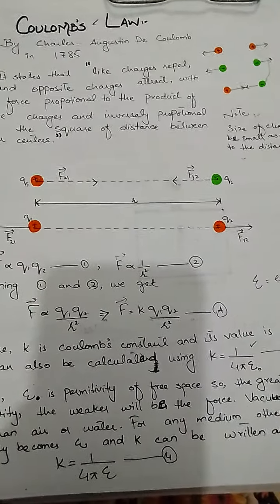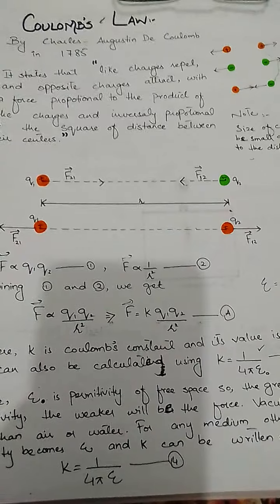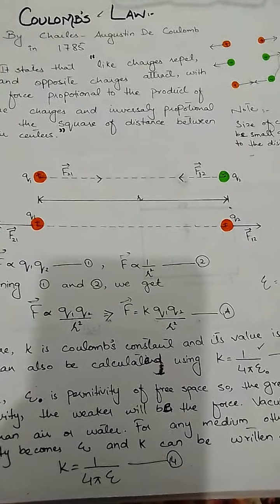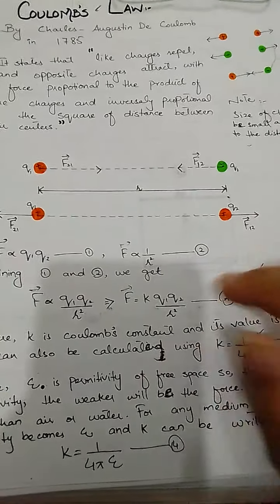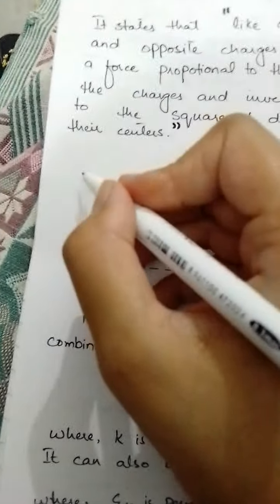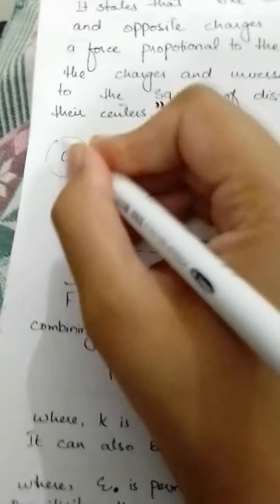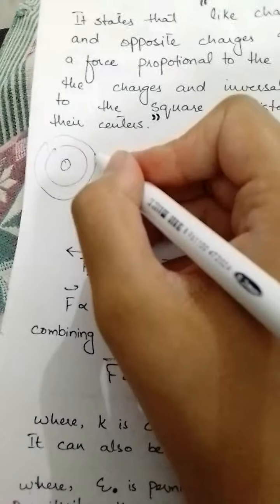So the charges which are moving with constant velocities and don't switch to other shells count. Like I'm going to draw an atom over here. This is the nucleus, these are the electrons.